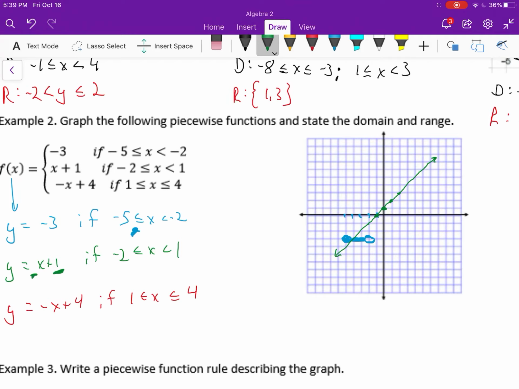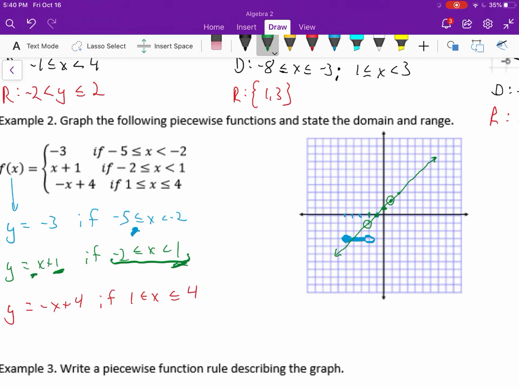But we only want this from -2 up to 1, and that's our x value. So -2 is here, so we're going to put a circle at x is -2, not the y value, but the x value. And then we're going to put a circle at x is 1. Well, here's x is 1 for our green graph.